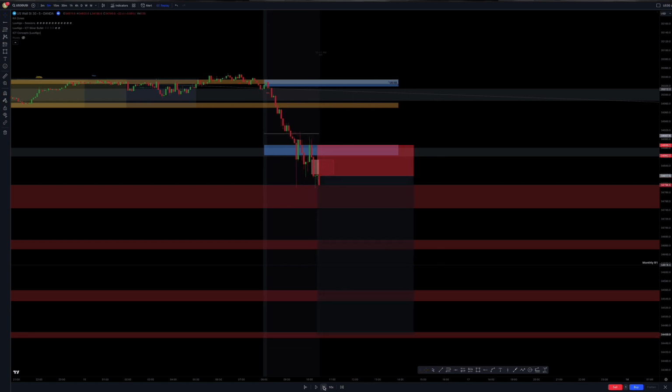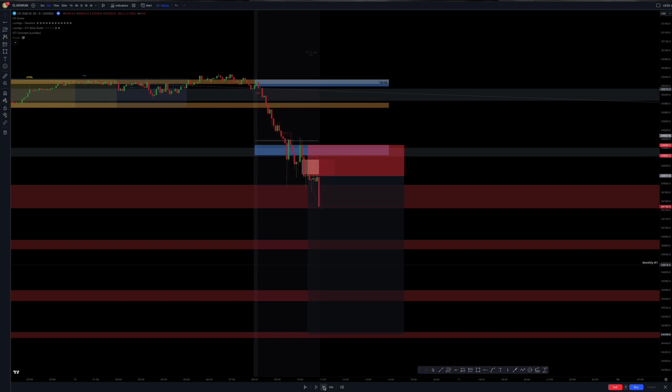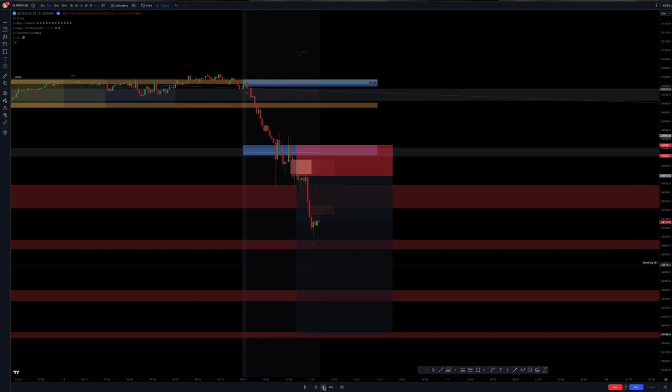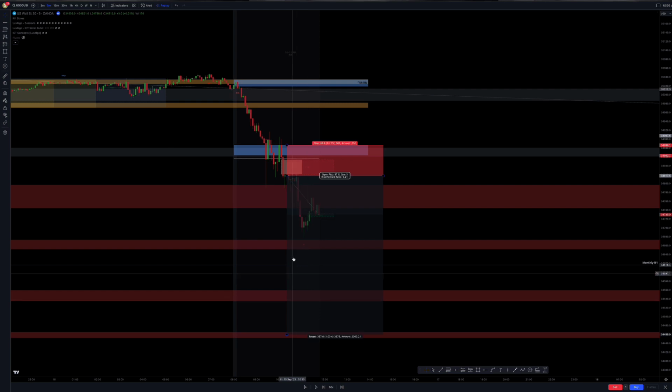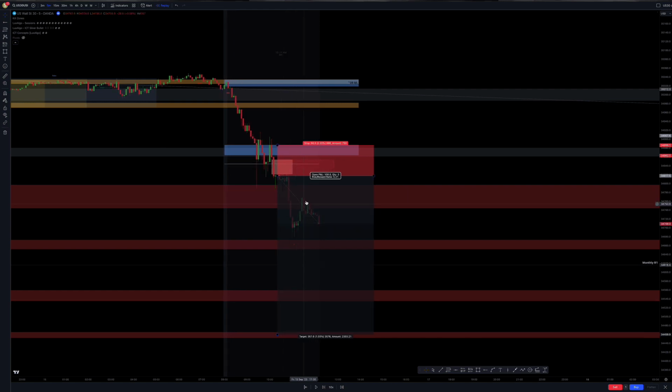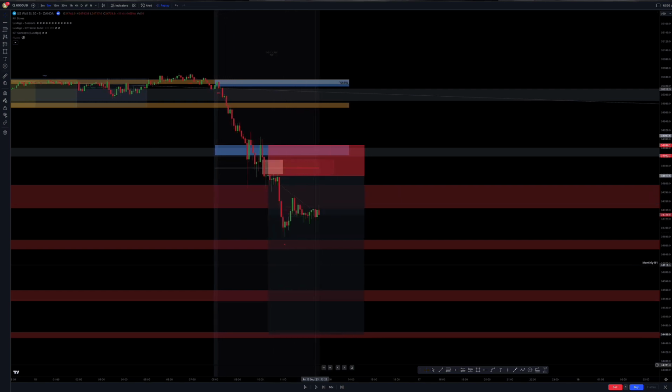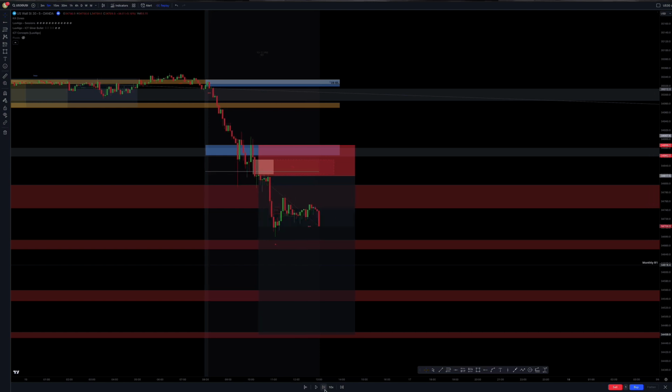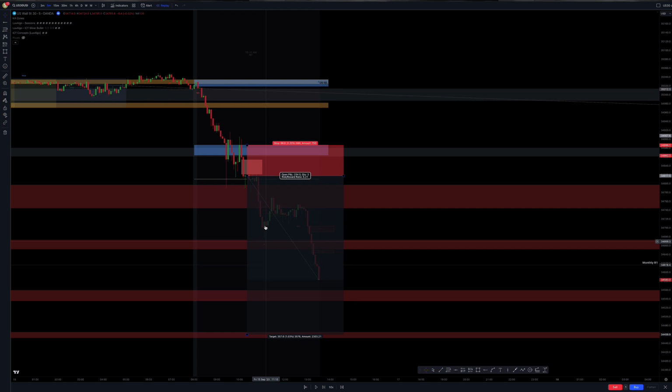What happens? We immediately push down. Immediately we break there. We get the nice break and retest, and we should push down again. Do we actually get that push? Yeah, we do. So we could have even entered off this zone. If you wanted extra confluence, you could have entered off this zone also.